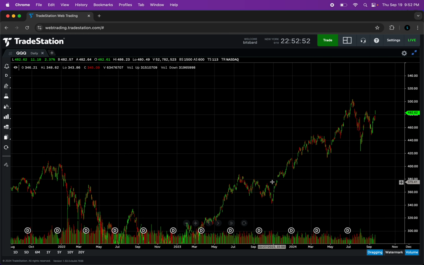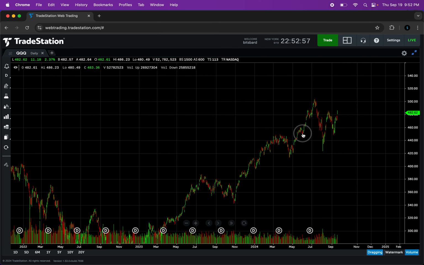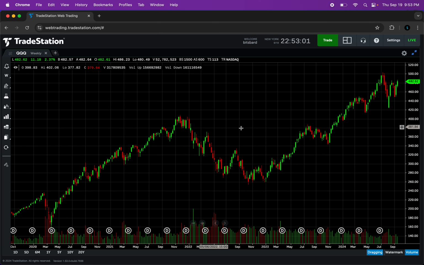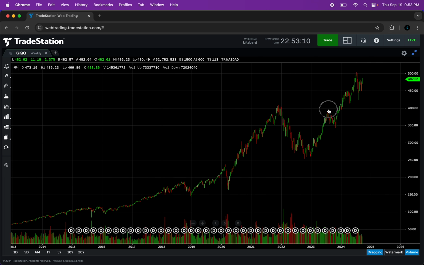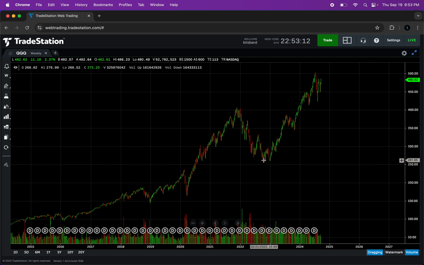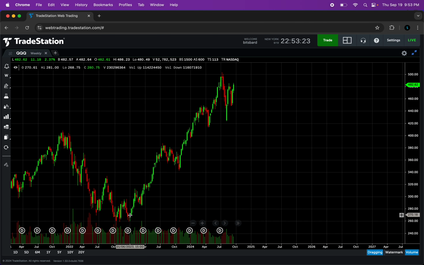First I'll zoom out on a higher time frame. We can look at a weekly chart. Here I basically just want to show the October low of 2022 and the double bottom retest there in December 2022.